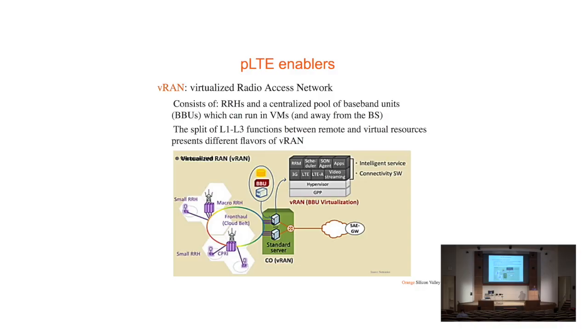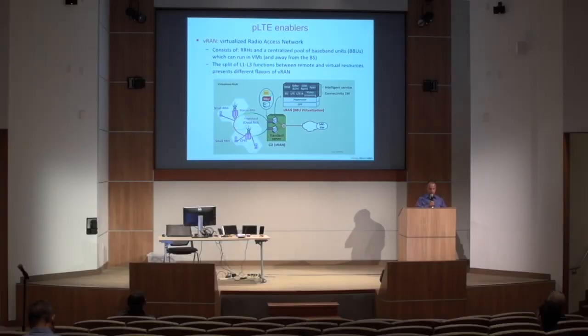How you split the layer 1 to layer 3 functions gives different flavors of your vRAN. If you want to run layer 1 and layer 2 at the remote head and layer 3 in the back end, it's up to the implementation.